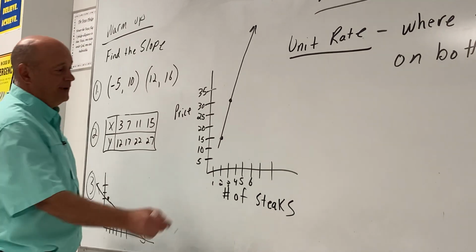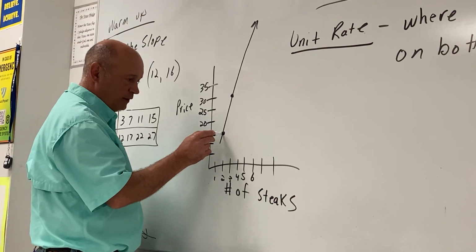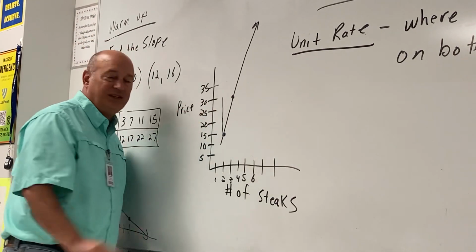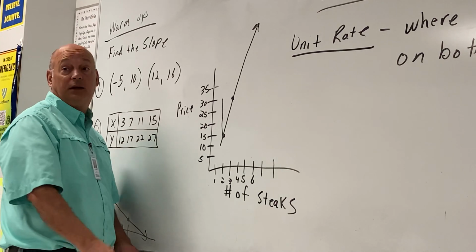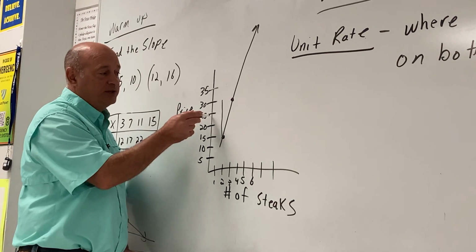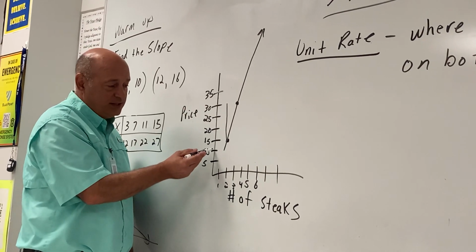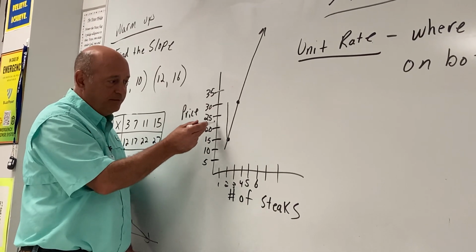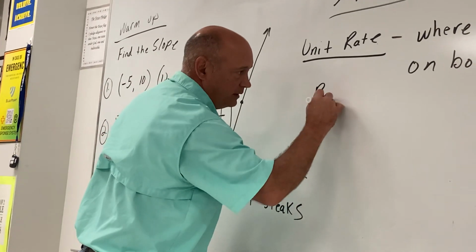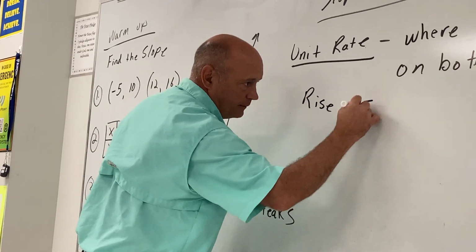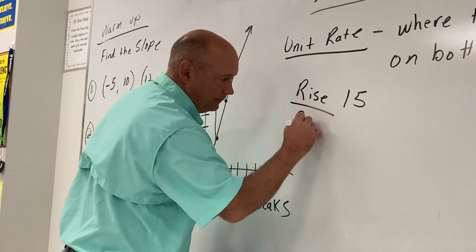All right, let's find the rise. From here, straight up to here. How much did it increase? 15. Don't say 3. It did go up 3 squares, didn't it? But how much is each square? $5. So it went up $15 for the rise. And let's find the run.